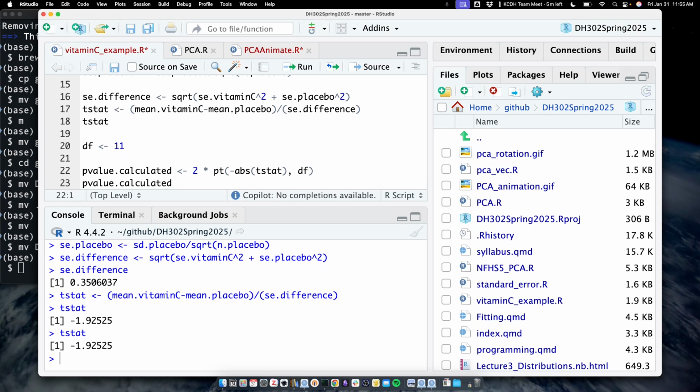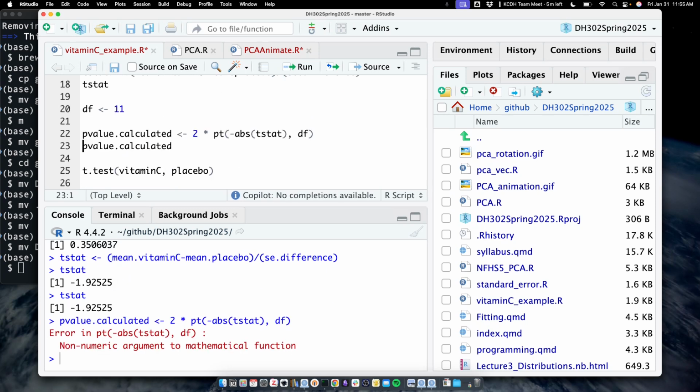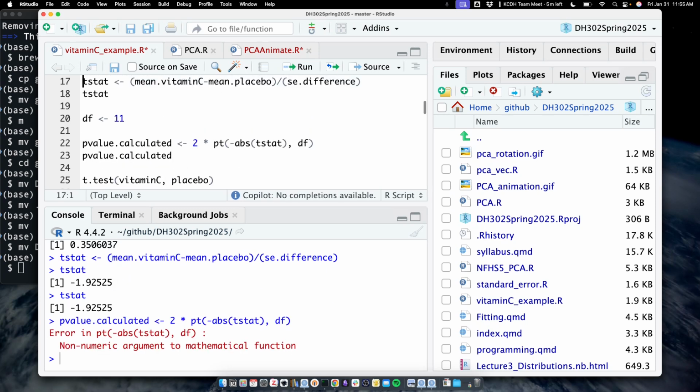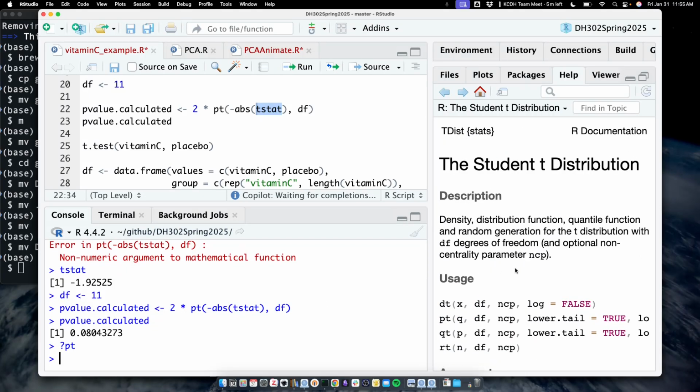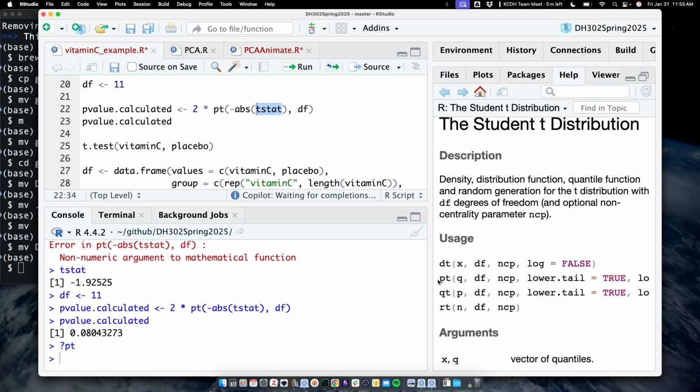Okay. If I want to calculate my p value, I can just ask R to give me the probability of observing something as extreme as the t statistic. For this, you'll have to read the documentation of why I decided to define it this way.